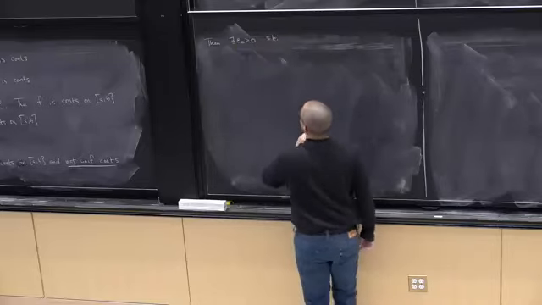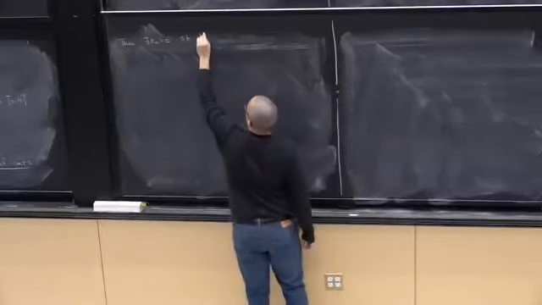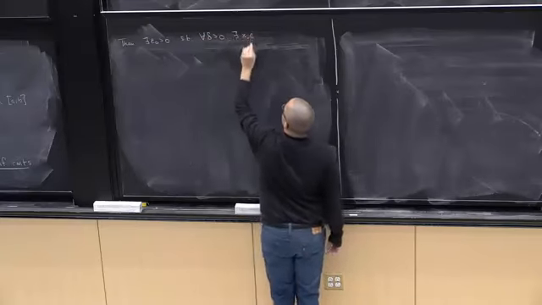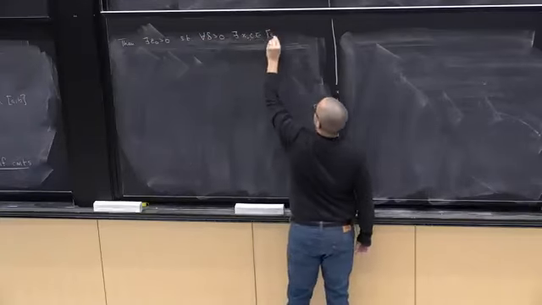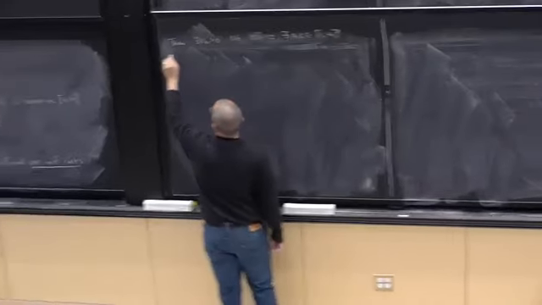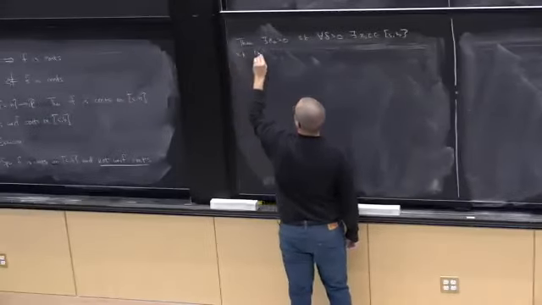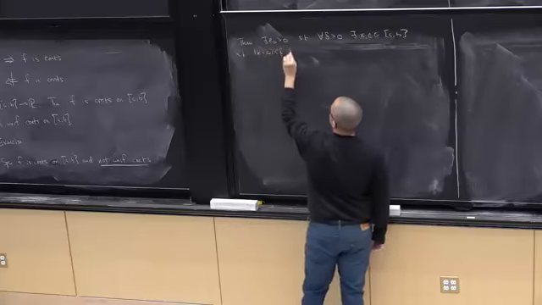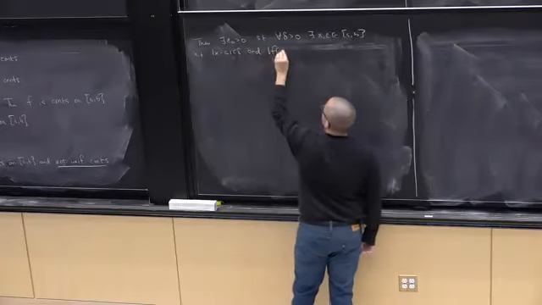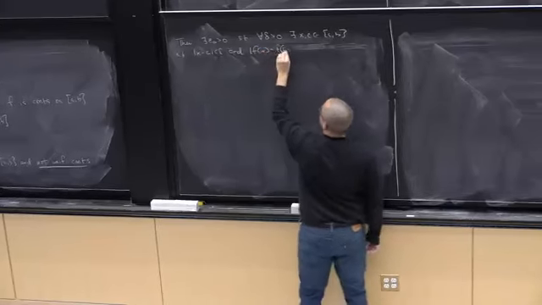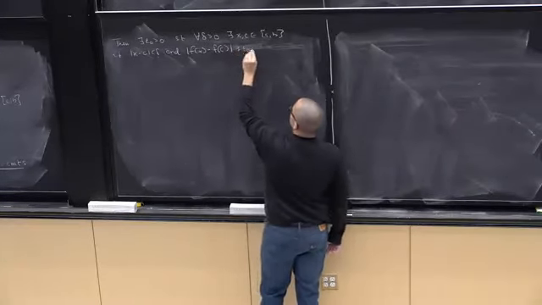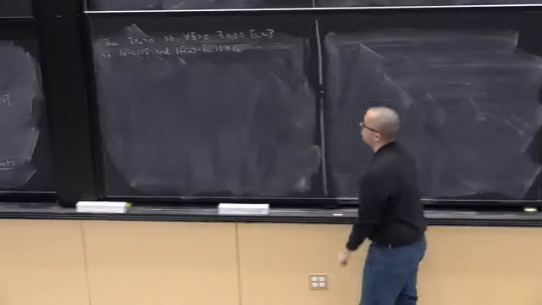Then there exists an epsilon naught such that for all delta positive, there exist x, c in AB, which depend on delta, such that the absolute value of x minus c is less than delta, and the absolute value of f of x minus f of c is greater than or equal to epsilon naught.